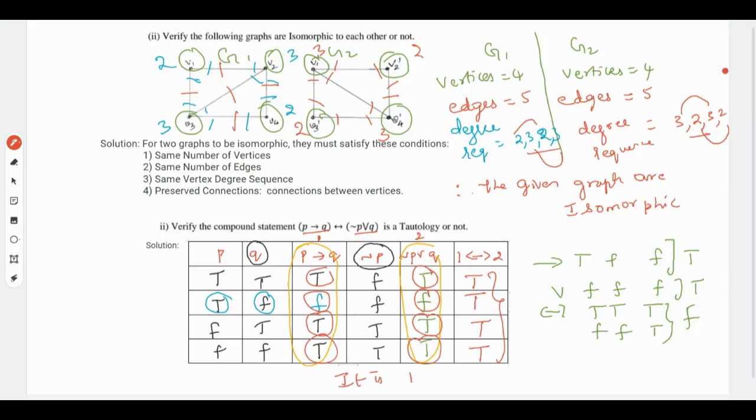It is tautology. If all the values are true in the truth table, it is called as tautology.